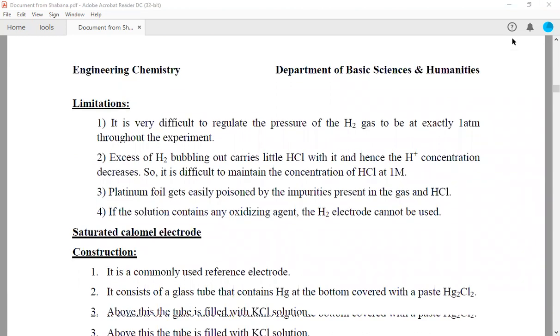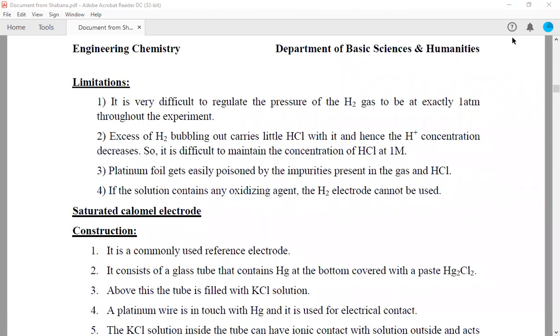Next, coming to the limitations of the standard hydrogen electrode. It is very difficult to regulate the pressure of the hydrogen gas. Whatever gas we pass into the inverted glass tube at 1 atmospheric pressure, that pressure should be maintained at regular intervals throughout the experiment, but regulating it is very difficult.